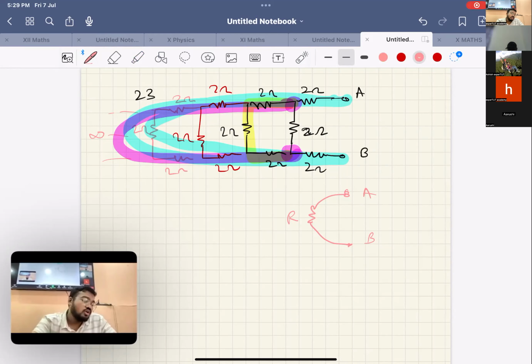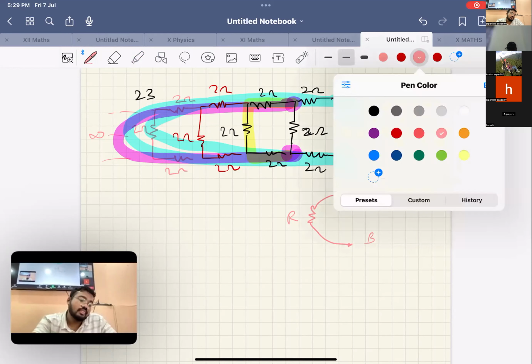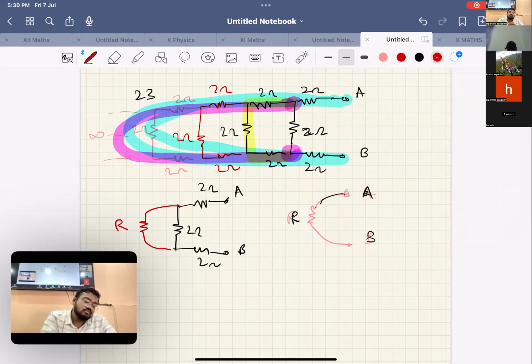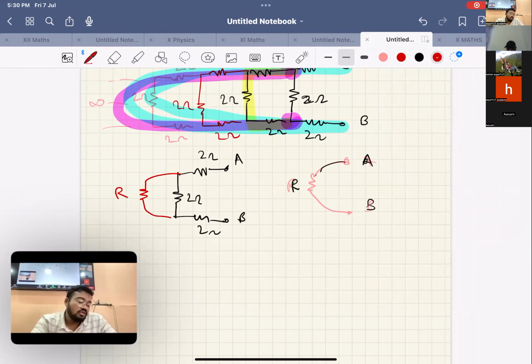Understood? So therefore, the effective resistance, see, if this is between A and B, it is R. Then if you make A 2 ohm, 2 ohm, 2 ohm, this is also R, right? This whole pink thing I've reduced to one resistance, which is R. Now, what is the effective resistance?